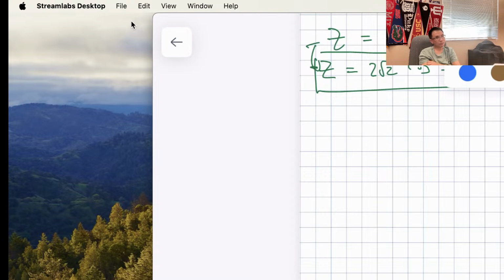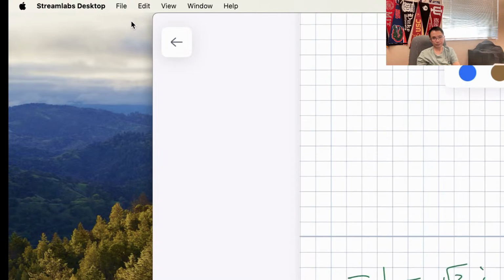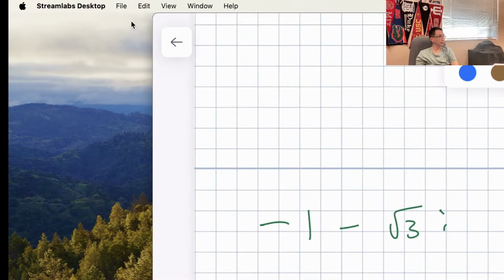Pi over 3? What else? Negative or negative?